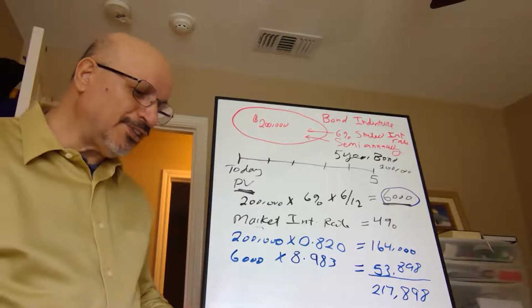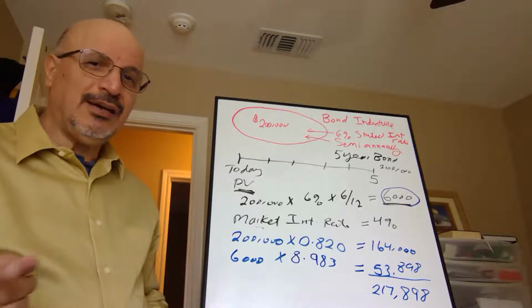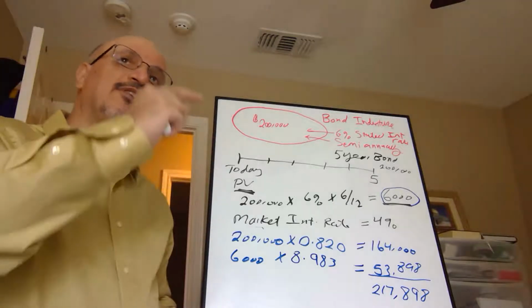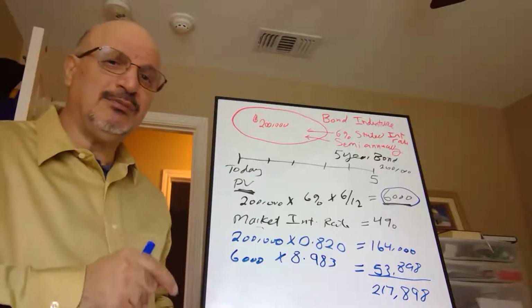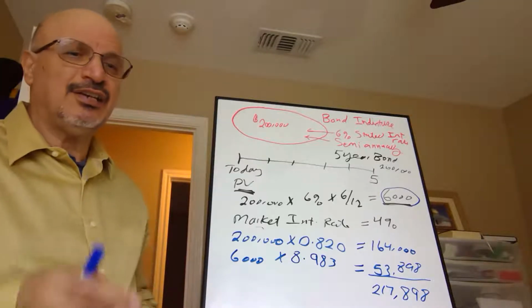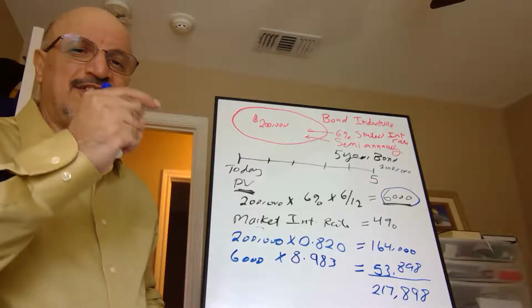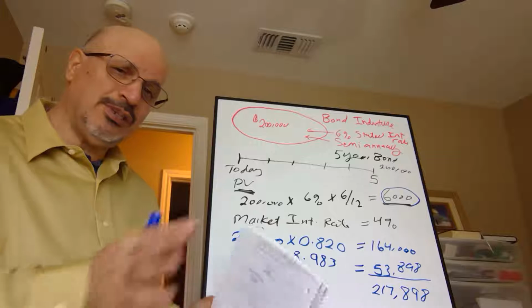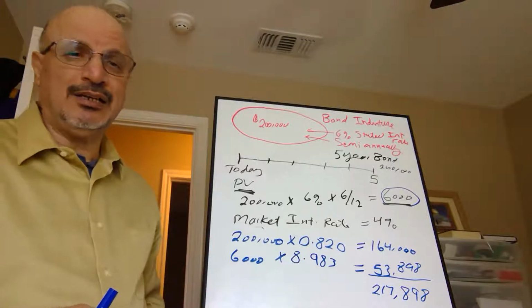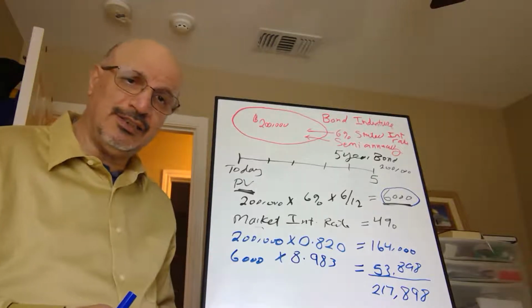When we have a discount, we recognize more interest expense. When we have a premium, we recognize less interest expense. We'll talk about that when we do the amortization of bond discount and premium.